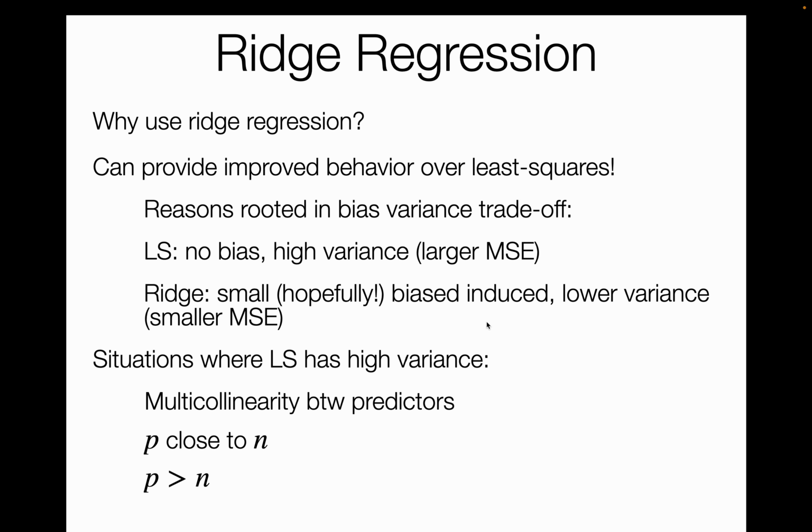Well, it can provide some improved behavior over least squares, okay? And the reasons are rooted in this thing called the bias variance trade-off. I would talk more about this in class, and I want to do this less so in a video because my videos are already long enough. But there's this idea that unbiasedness is a good property.